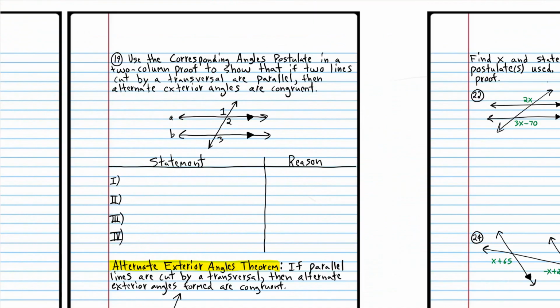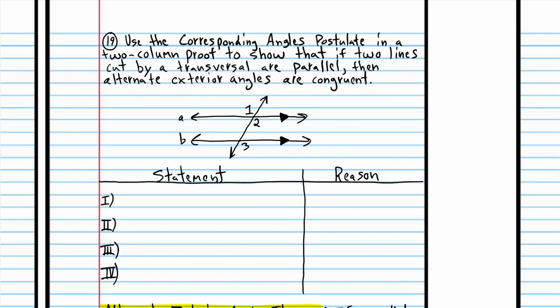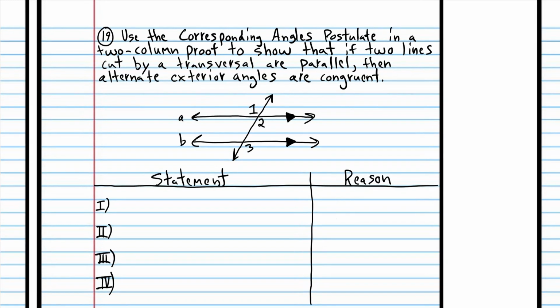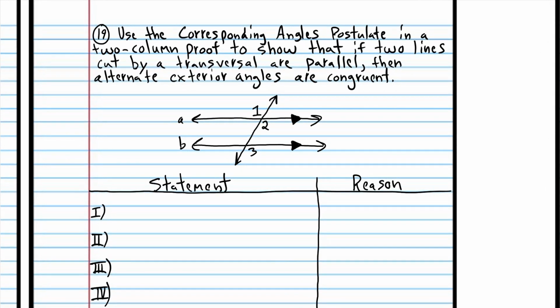But now we're going to do a formal proof of that. Number 19 says, use the corresponding angles postulate in a two-column proof to show that if two lines cut by a transversal are parallel, then alternate exterior angles are congruent. So I have the picture for us here.